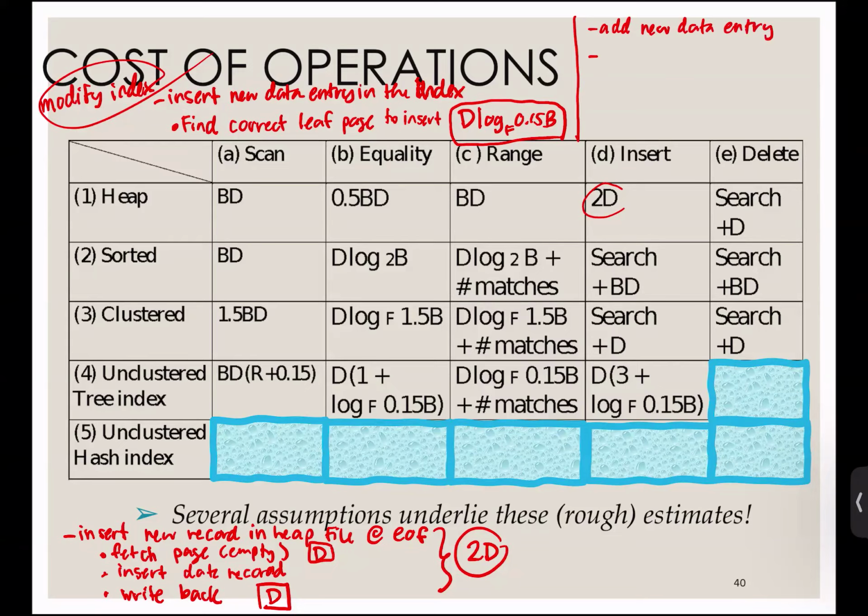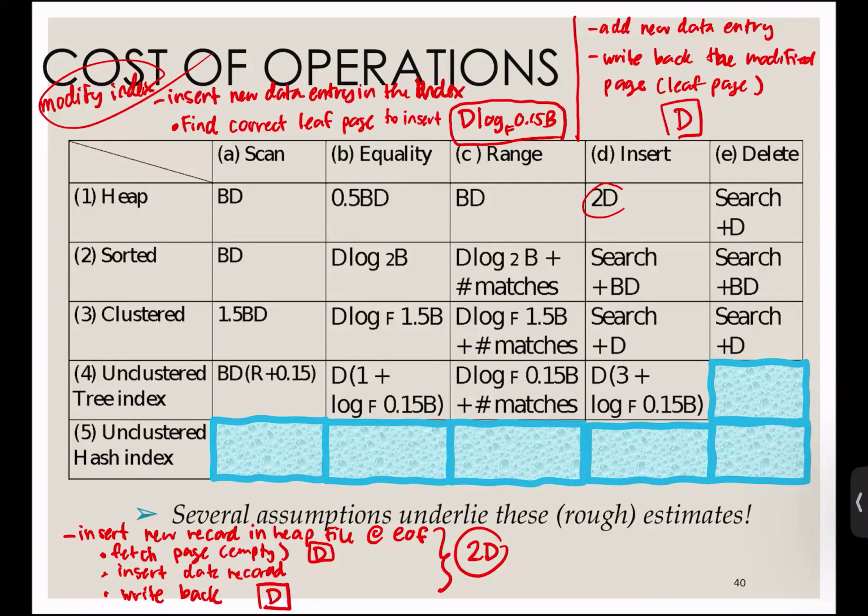And then once I'm done, I just have to write back the modified page. This is a leaf page. So write back that one page, that's D time.